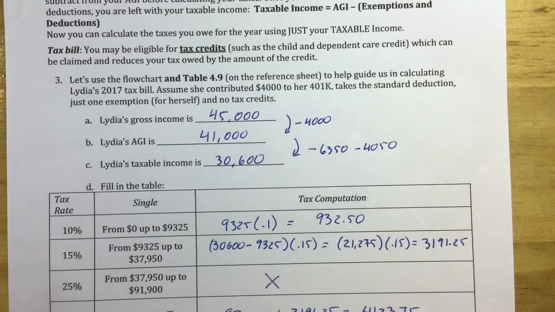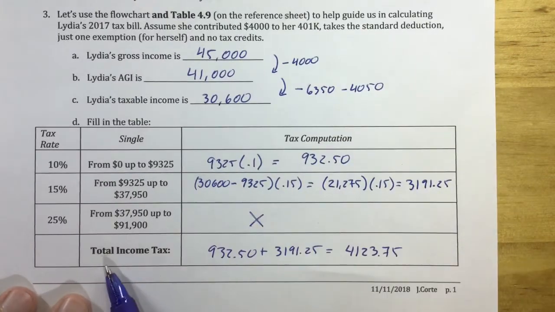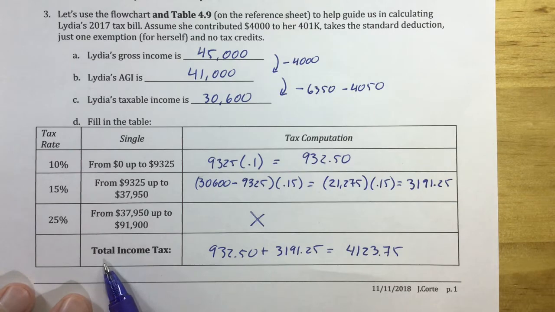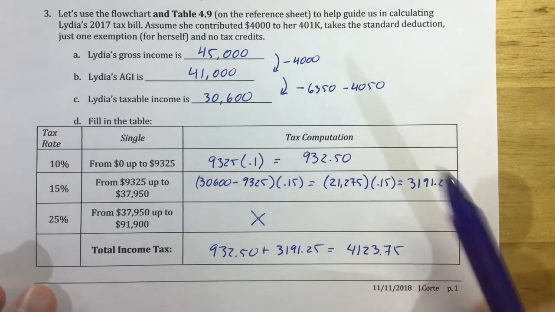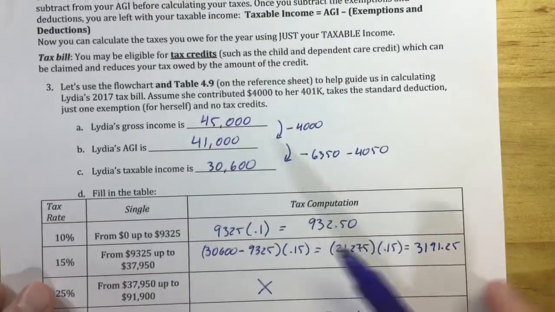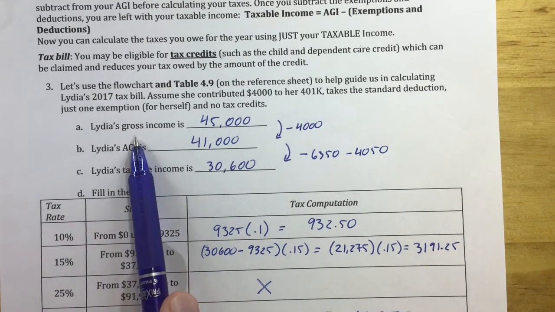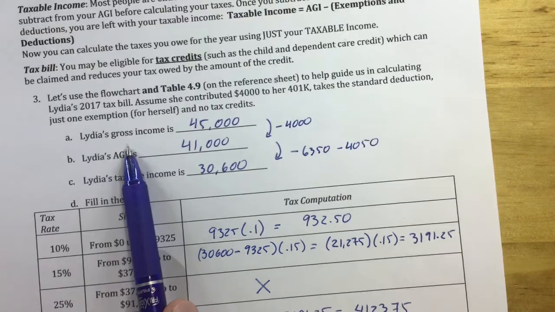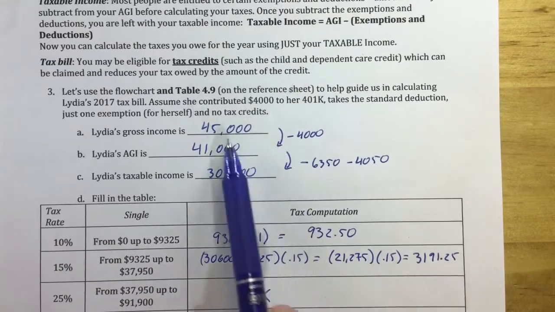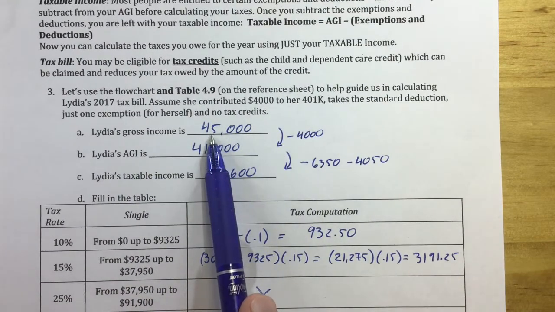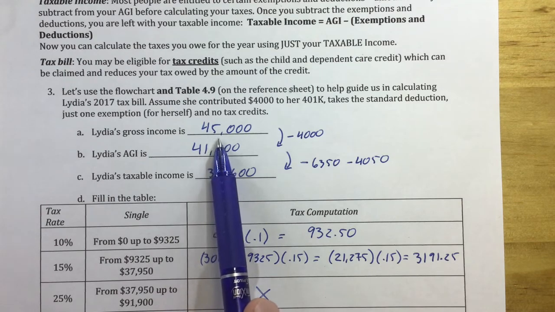All right, so what we're going to be doing is finding in the end the total income tax. Okay, so it begins, as in all of these, with the gross income, which we had already figured out previously. That's adding the 44,500 with $500, and you get $45,000.